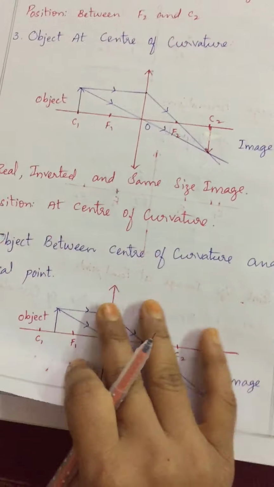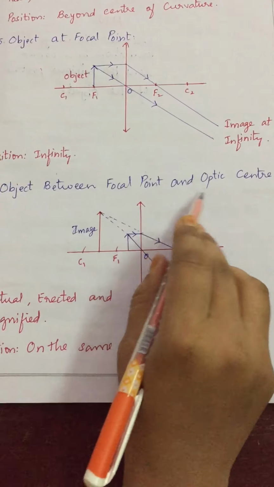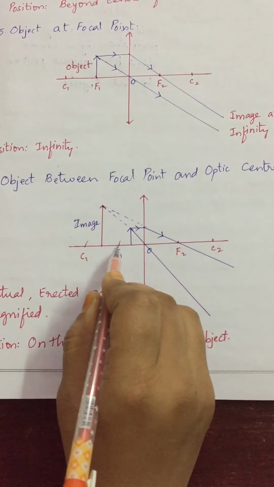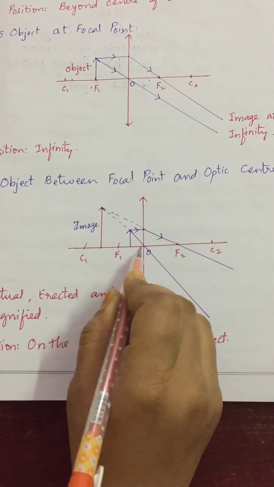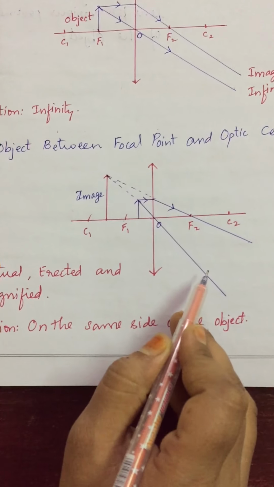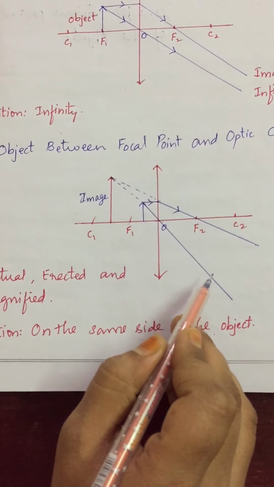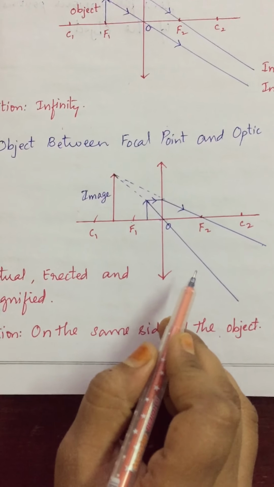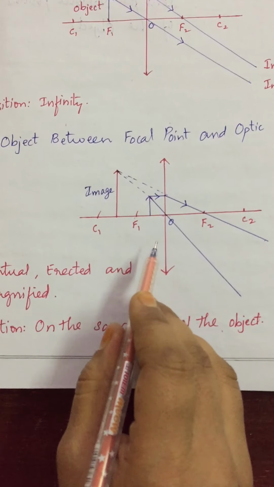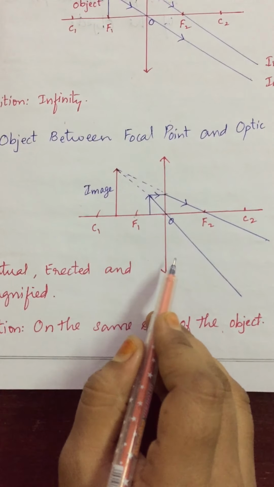Now the sixth is the object between the focal point and the optic center. When we keep the object between the optic center and the focal point, see here, the first ray is parallel to the principal axis and passes through the focal point, and the second ray passes through the optic center. But here the rays are not intersecting on the other side. If the object is kept between the focal point and the optic center, we will get an image which is virtual, erect and magnified.